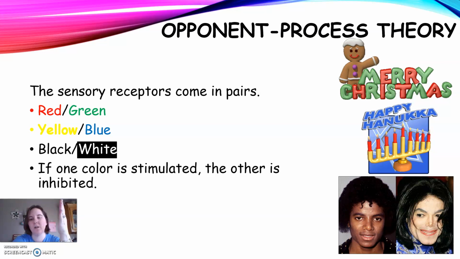But it says when one color is working, the other one can't. So I can't describe something as a reddish green color. Reddish green is like, what, brown? Same if it's a yellowish blue color, wouldn't that just be like green, right? Or blackish white, gray. You can't have these two colors working at the same time. It just doesn't work that way.